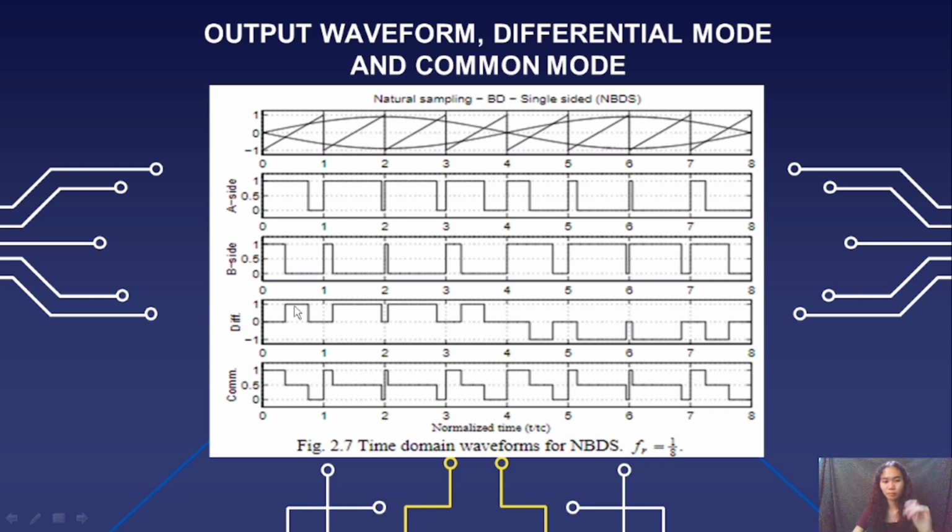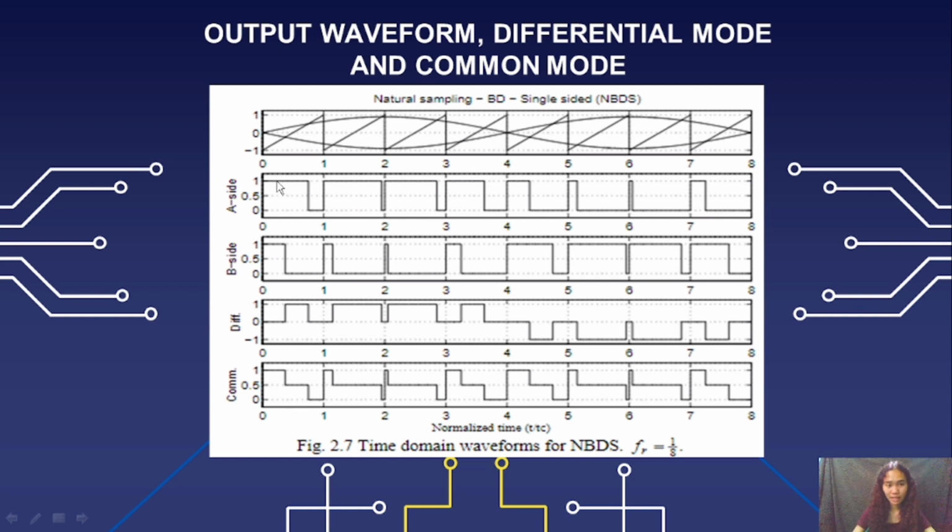The differential mode represents the difference of the A side and B side. So here, 1 minus 1 equals 0. Here, this part, 1 minus 0 is 1. The process goes on. In the common mode, it is the average of the A side and B side.